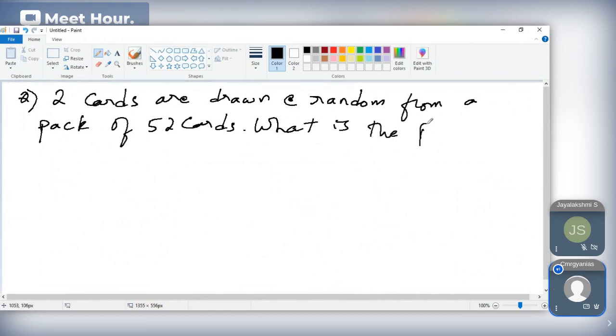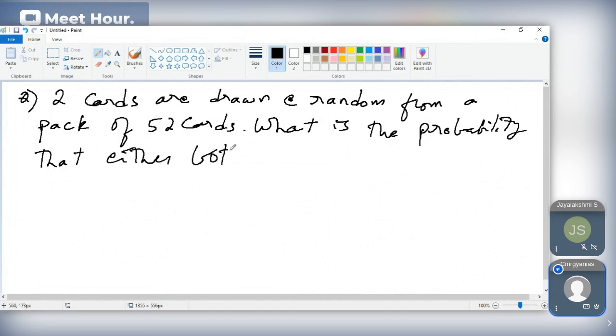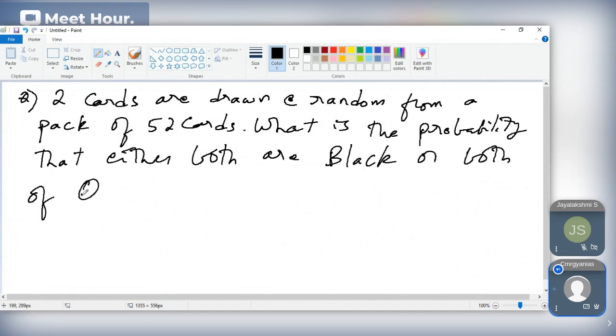What is the probability that either both are black or both are queen? Either both are black or both are queen.